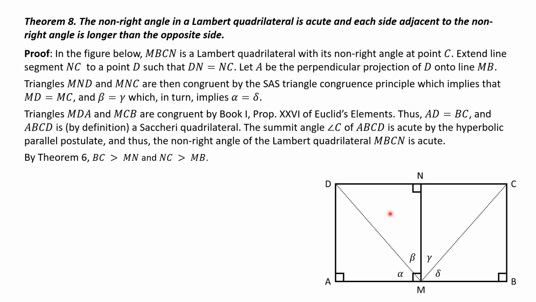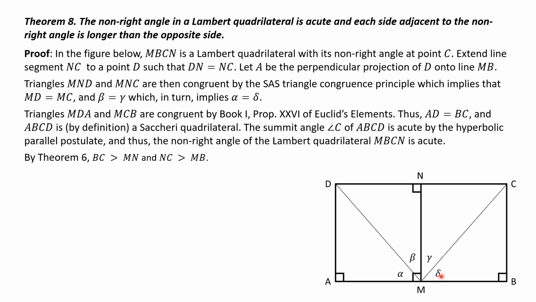So this triangle in here and this triangle here are congruent by side angle side, which means that this line segment DM is equal to MC, and then beta is equal to gamma. But since we have a 90-degree angle here and here, that means that beta from this is alpha, and that's the same as gamma from 90 degrees, which is delta. So alpha and delta are the same.